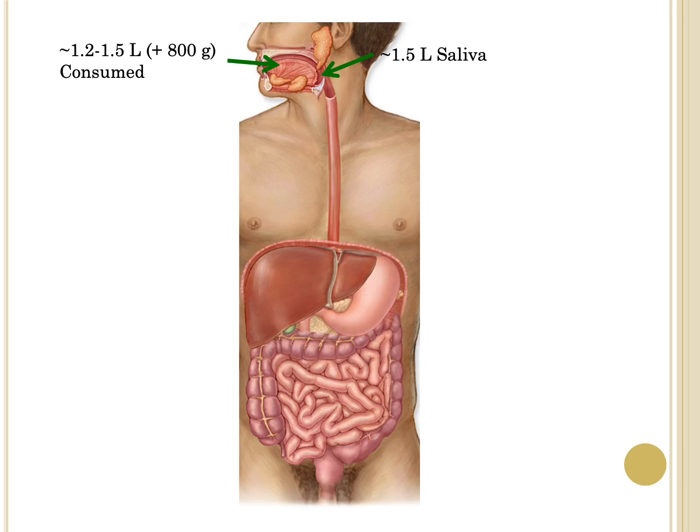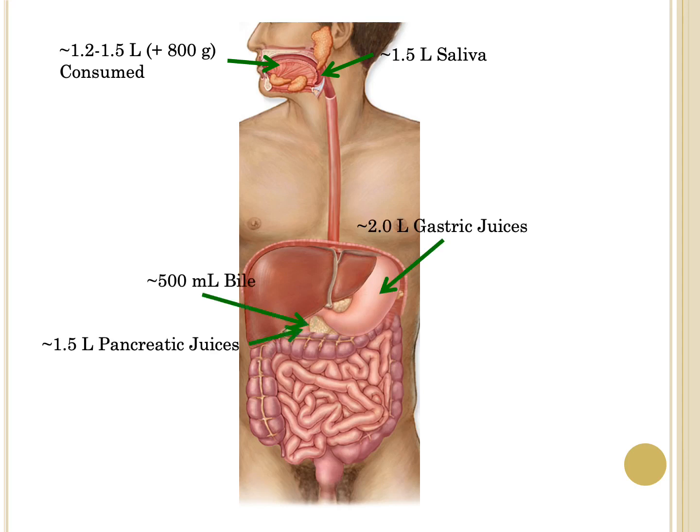Based on the amount being consumed, we'll have about 2 liters of gastric juices, which are highly acidic, predominantly hydrochloric acid, and about 2 liters combined of bile and pancreatic juices, which are highly alkaline, predominantly bicarbonate.